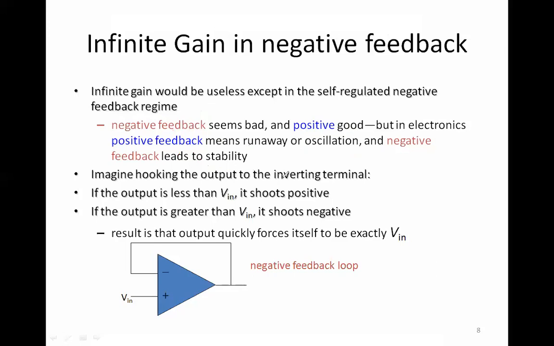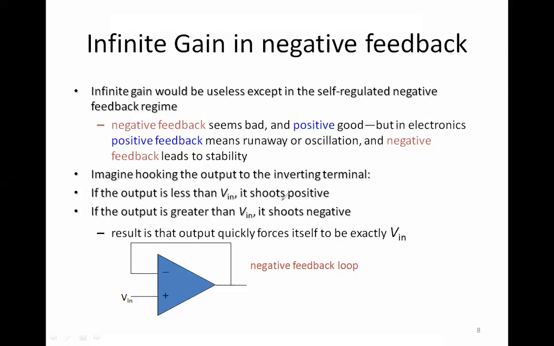Imagine hooking the output to the inverting terminal, that is the minus terminal. If the output is less than Vin, it shoots positive. Which means if the output is less than this, then this is going to be greater, and if this becomes greater, then it will invert.